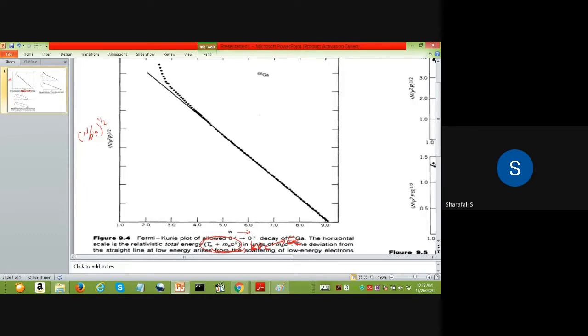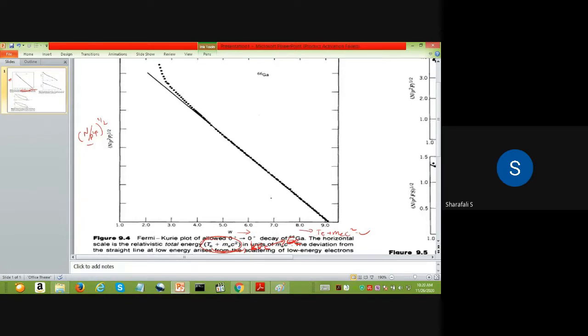So that is on your x-axis, the horizontal axis, where we have taken T_e plus m_e c square. This is just energy. So the equation still holds with m_e c square as a constant value, the rest mass energy of the electron. But still, the graph is between root of N by p square f versus the kinetic energy of the electron with some shift.